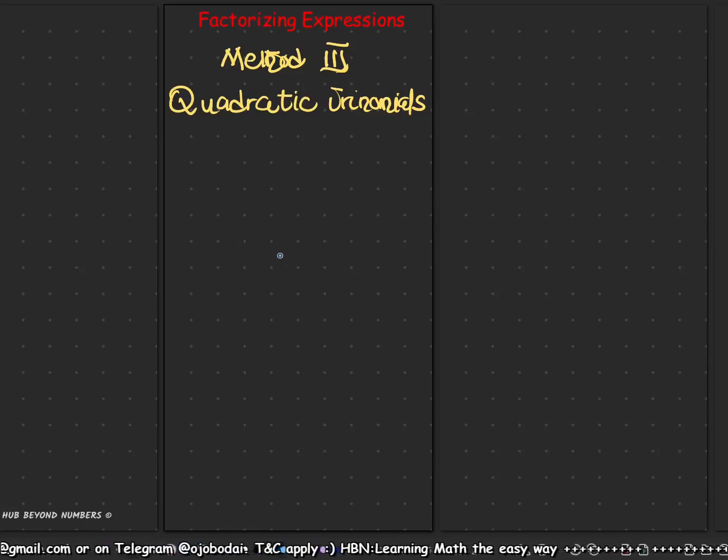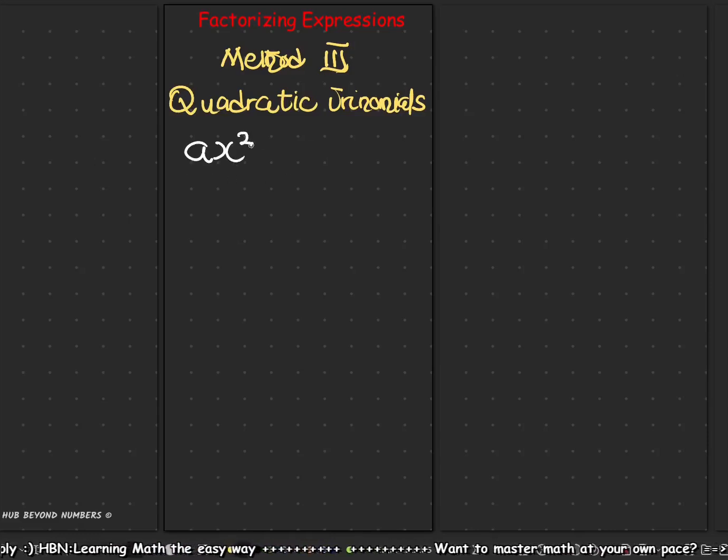Now, it is important to note that trinomials, we looked at monomials, binomials, and we said monomials have just one term. 2 terms are those of what? Binomials. Trinomials are of 3 terms, and they are usually written as ax squared plus bx plus c.